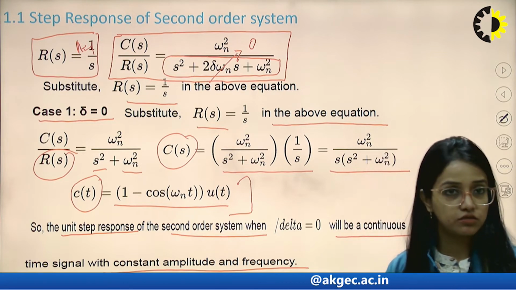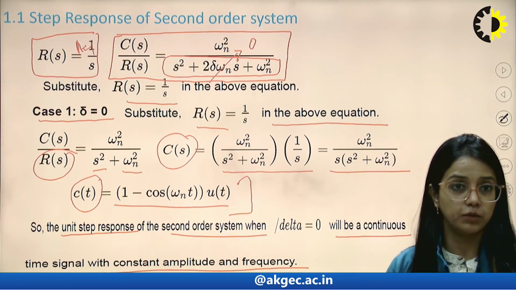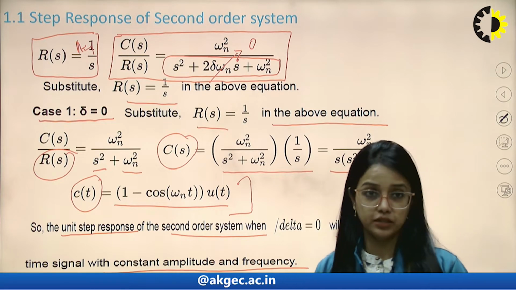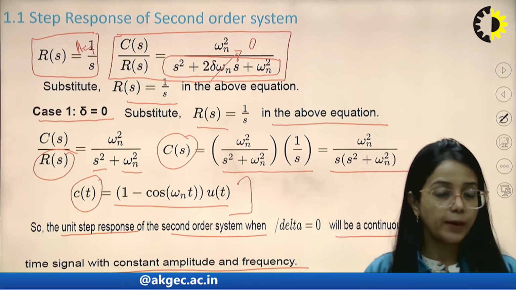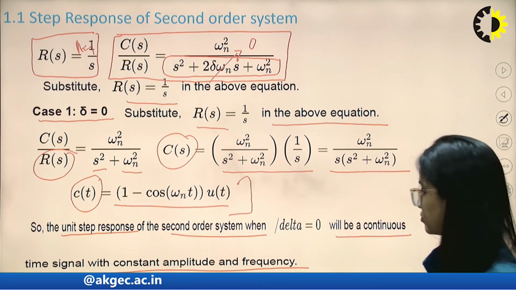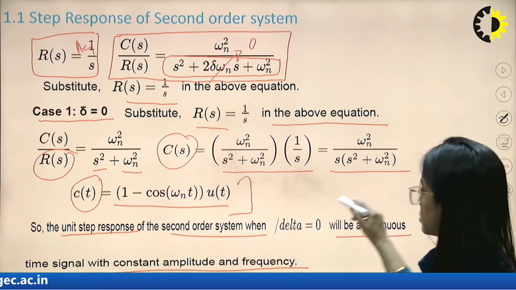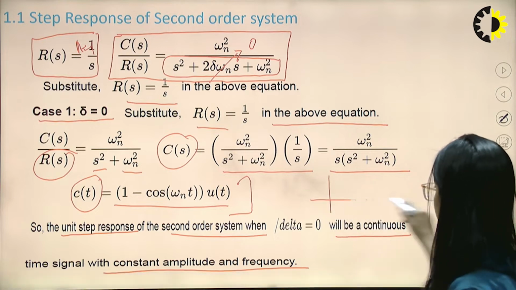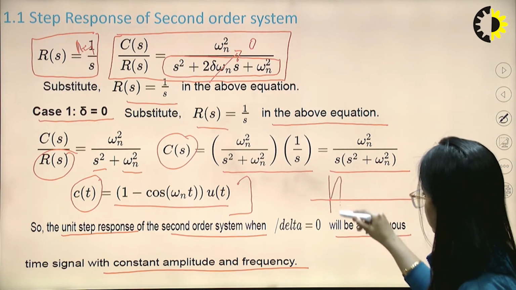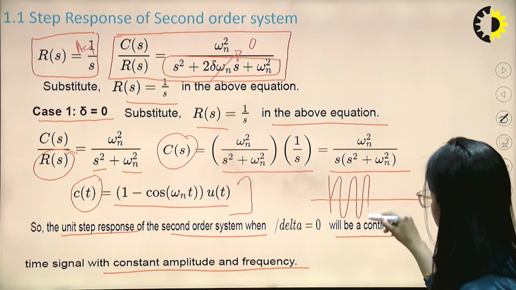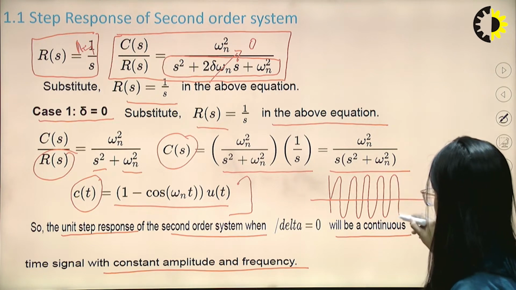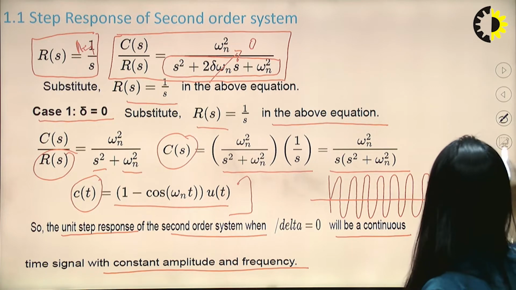Now when zeta equals 0, it is a case of no damping, or we call it undamped oscillation. So undamped oscillation means the time signal will have constant amplitude. So it will be like this. The amplitude remains constant. Of course, you can see for this signal, the frequency is also constant.